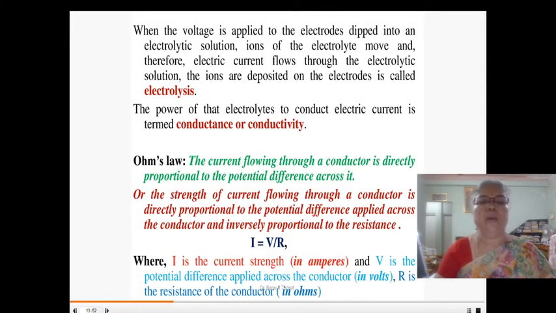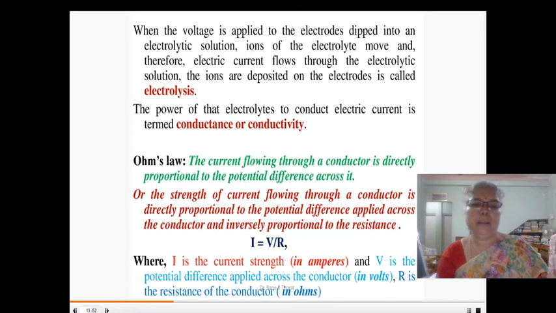Here all conductors obey Ohm's law, and when we apply a constant voltage between the two electrodes, the quantity 1 by R becomes a measure of electricity conduction.